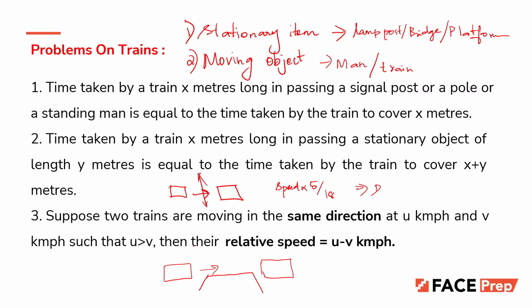The distance of train plus distance of bridge, right? Or platform. This is taken as the total distance. I hope this is clear. So first you have to check whether it is a bridge or a platform.